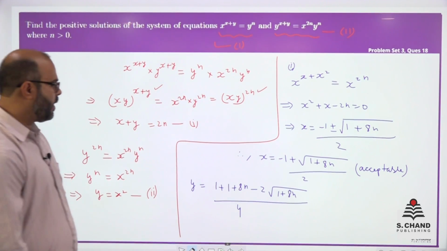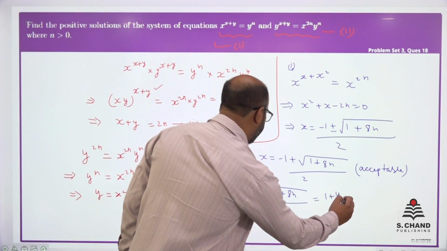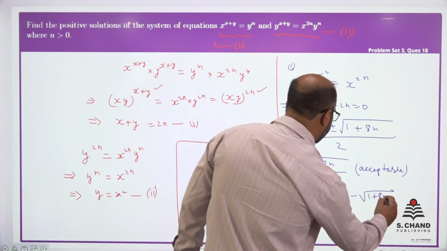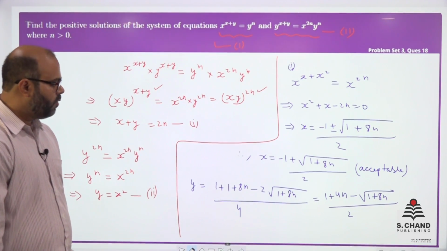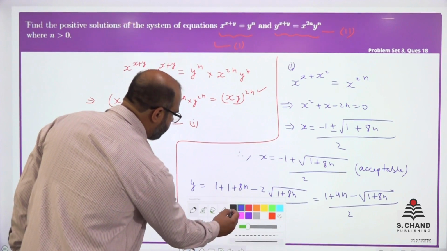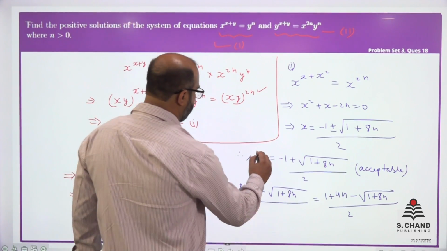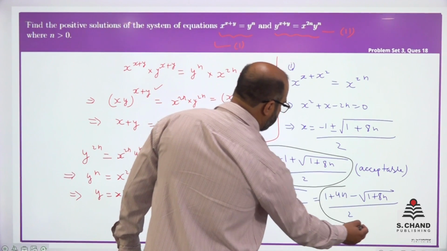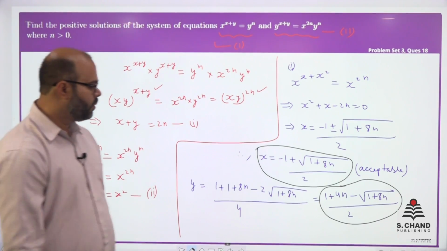Now, when we calculate it, 2 plus 8n will become 1 plus 4n minus root over 1 plus 8n upon 2. So, this is the value of y, right. So, you will say that the solution is actually x is this one and y is this one. This is the positive solution of this system of equations.